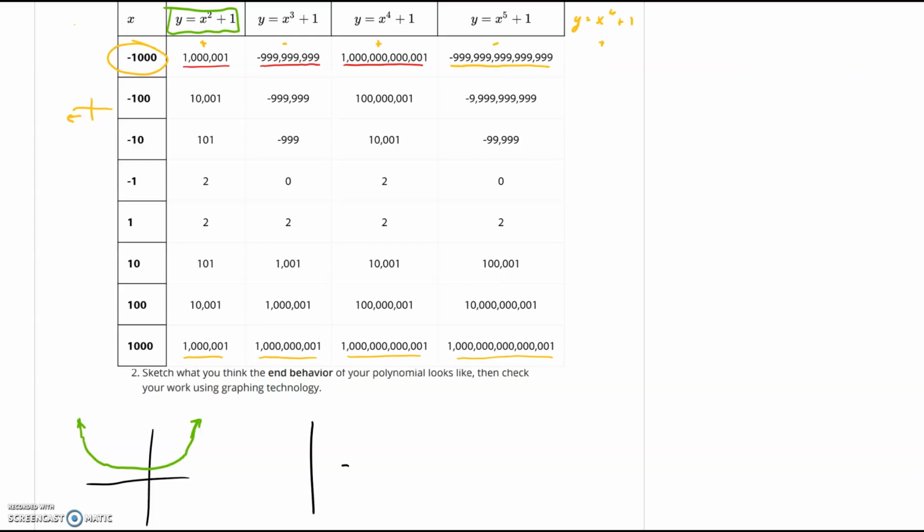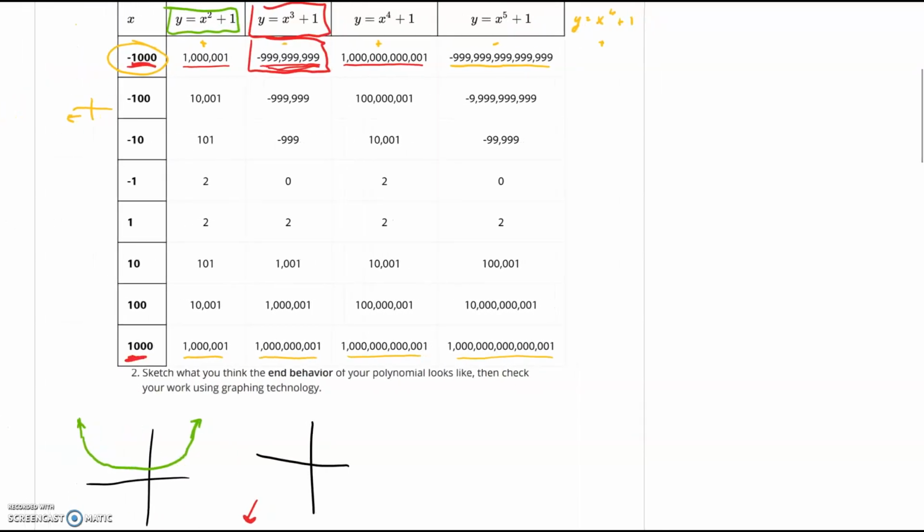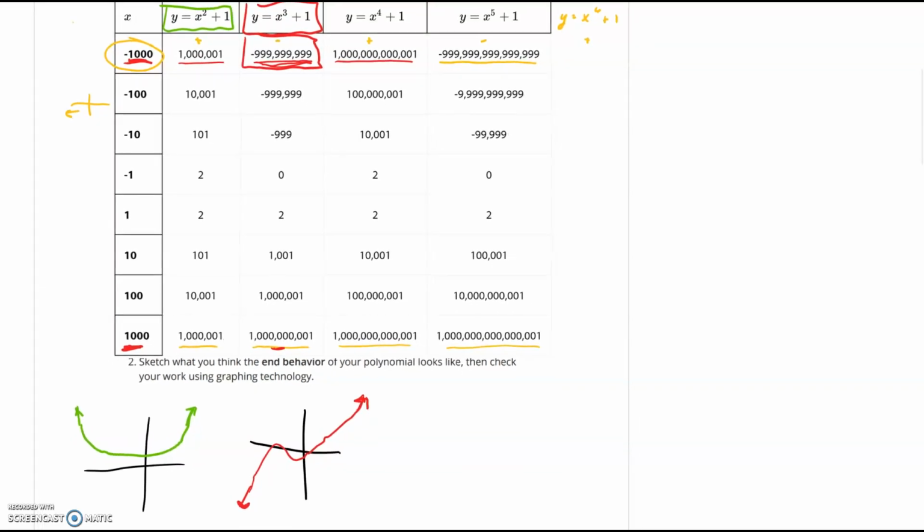When I go to my next function, notice this is a very small negative. Whenever x is a small number, my y value is really small. So it kind of looks like this. And then whenever my x is a big number, my y value is a big number. So this function should kind of look like this: down on the left and up on the right.